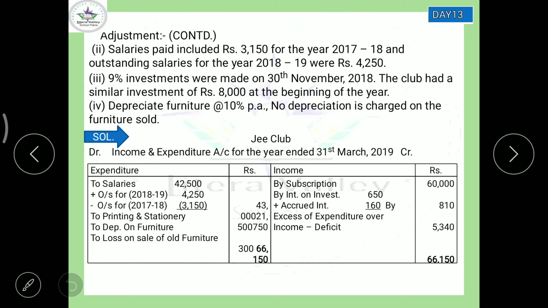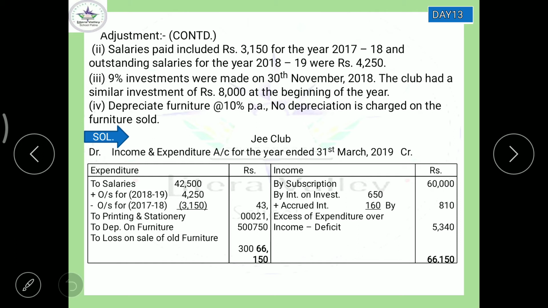9% investment were made on 30th November. You have purchased an investment of 3,000 and you already have a balance of investment of 8,000. So total interest on investment is 810 rupees.